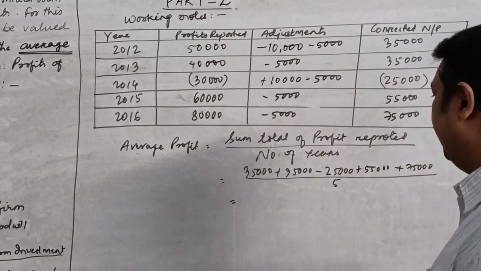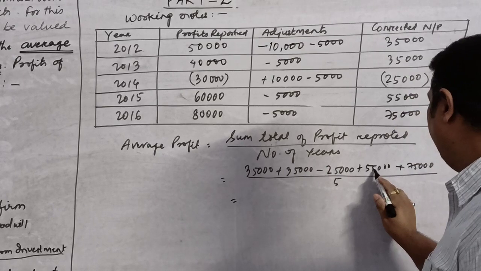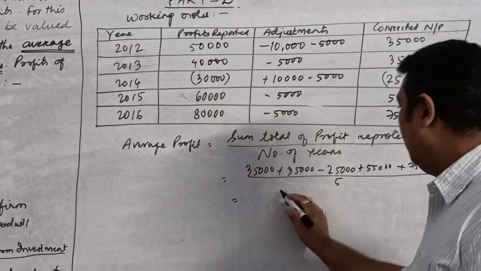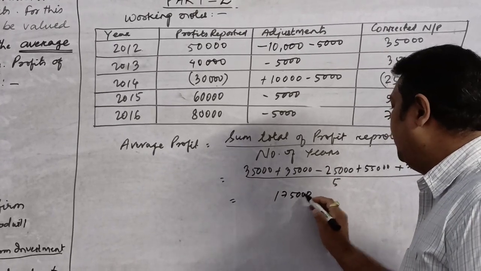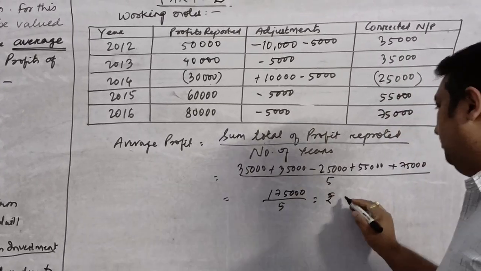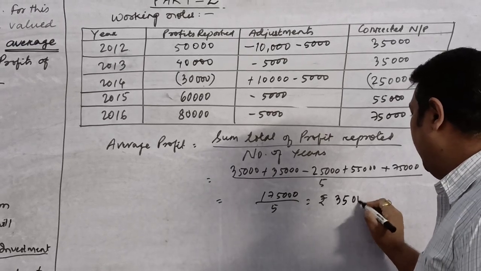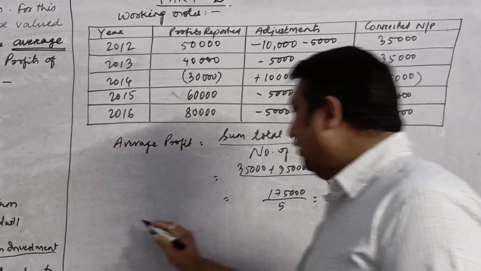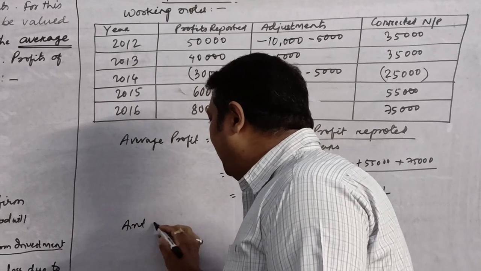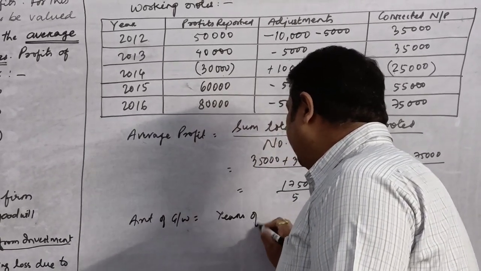The balance for this will be 1,75,000 divided by 5. So the average profit will be 35,000. And now the second step is the amount of goodwill, that is years of purchase into average profit.